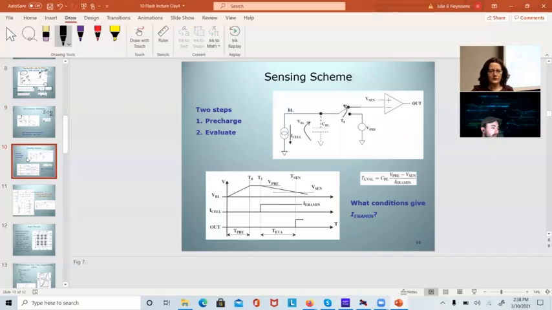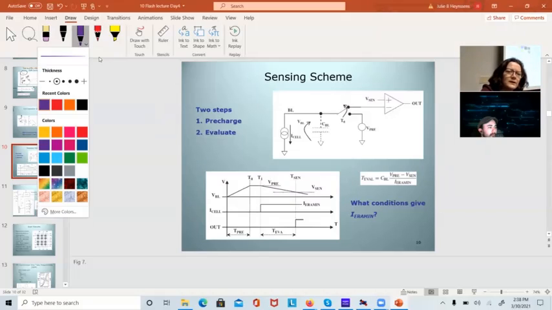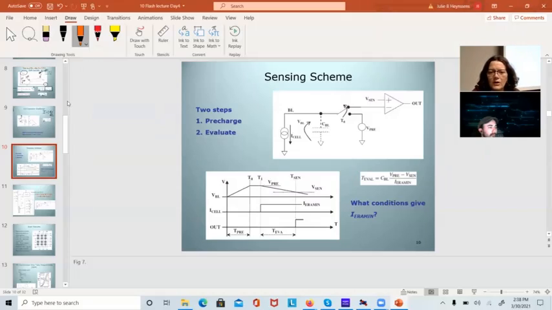And I equals C dV dt. So when I want to sense what's coming off the NAND string, the first thing I'm going to do is change colors. Let's make it something really contrasting to black: orange. When we're in pre-charge here, we're orange.